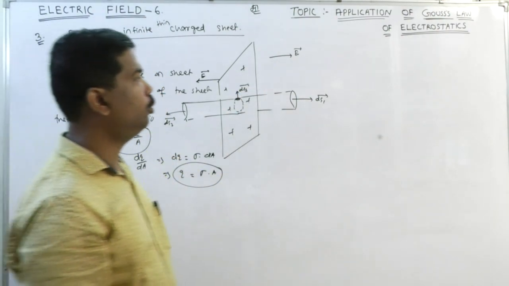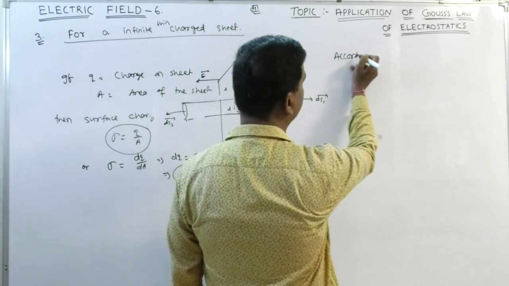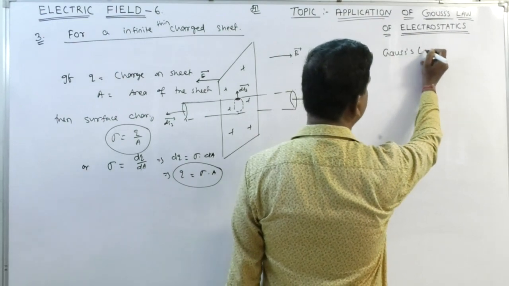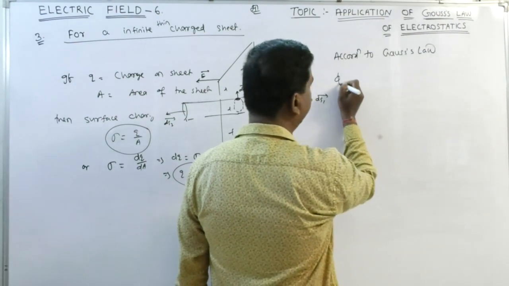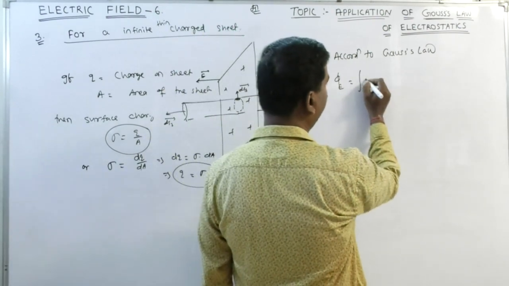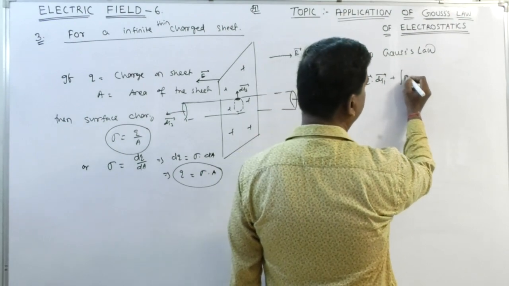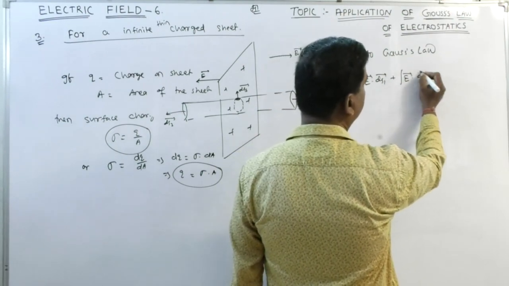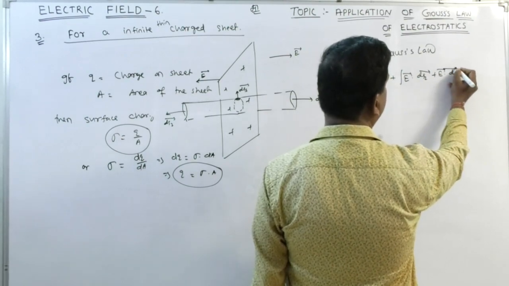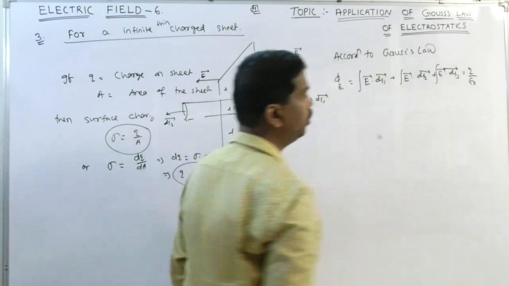Clear? So according to Gauss law, the electric flux linked across the surface, the surface integral of E vector dot ds1, E vector dot ds2, E vector dot ds3 is equal to q by epsilon 0.